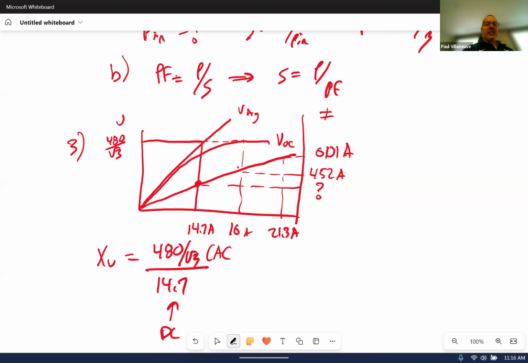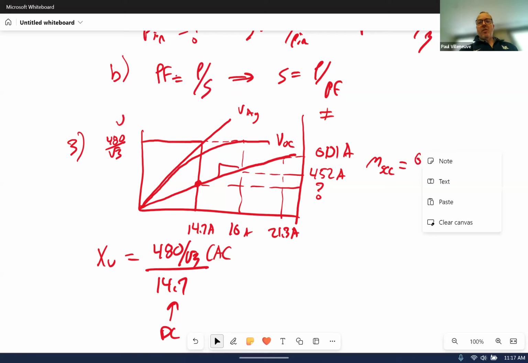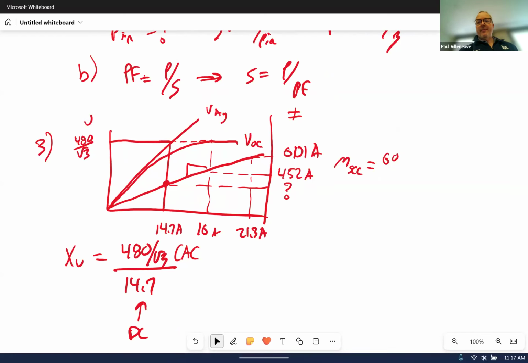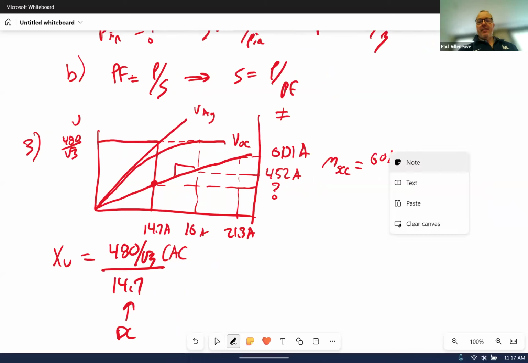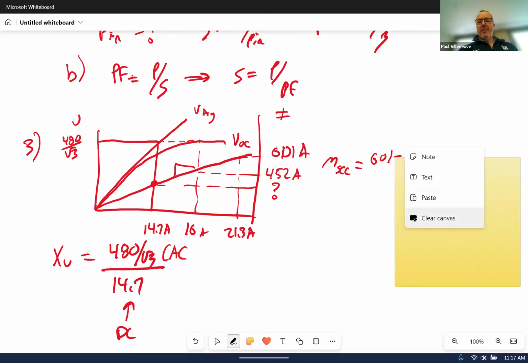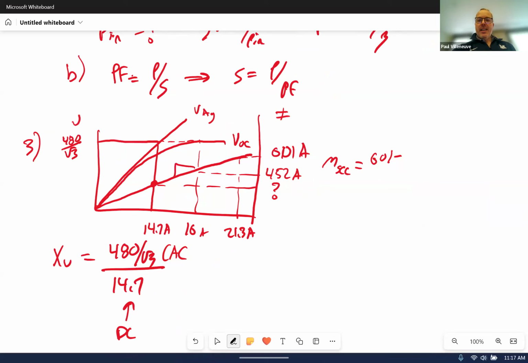Don't you know that this is a linear line and this is a slope? You can get the slope of the line. So the change in Y, so M for the short circuit characteristic, the change in Y is equal to 601 minus 452 over the change in X. What are my changes in X?